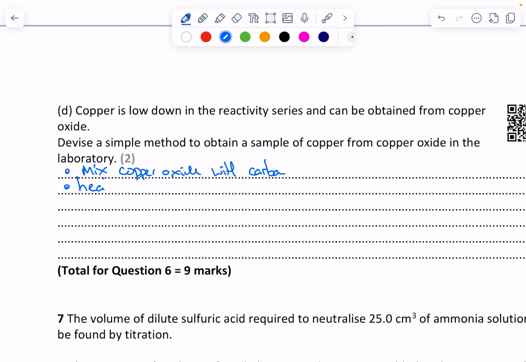And then you heat the mixture together. And what you'll then see happening is that the copper will form. You only need 2 marks, so mixing it with carbon and heating it is 1 mark for each of those 2 points.